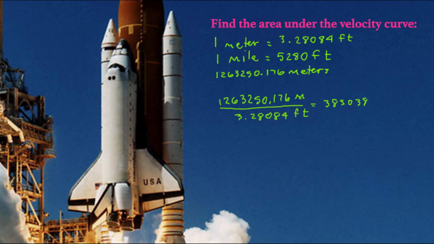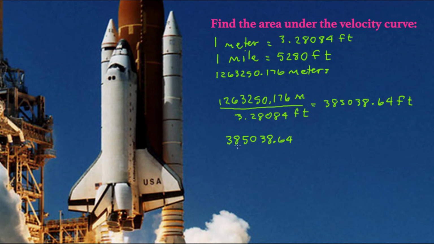And again, when I'm working with feet, once I get above a certain number of feet, I feel uncomfortable because now I'm more comfortable with miles. So when I punch this guy in, I get 385,038.64 feet. That's a lot of feet. And so since it's more than like 100 feet, I want to know how many miles I've gone because I get miles.